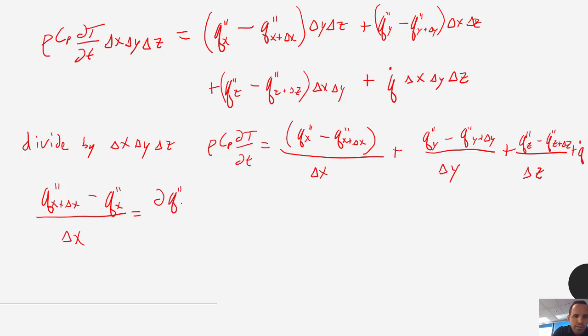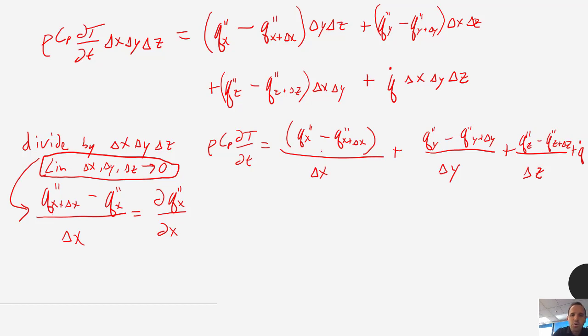So we have dqx with respect to x. The step I skipped was taking the limit as delta x, delta y, and delta z all go to 0. As we do that, we just shrink our cube down to be infinitesimally small, and then we end up with this nice definition here. So if we substitute this in, notice that this is flipped. So we're going to have to pick up a negative sign here.